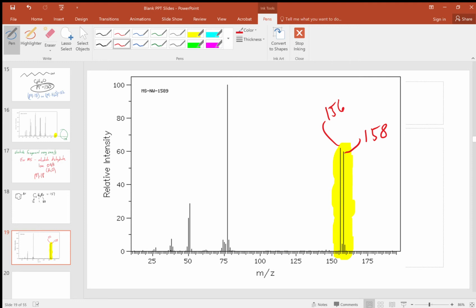So one higher and one lower. But the peak at 157 is really, really small. So how is it that we have a peak that's higher and a peak that's lower, and the peak that we're expecting to see itself is actually very small?